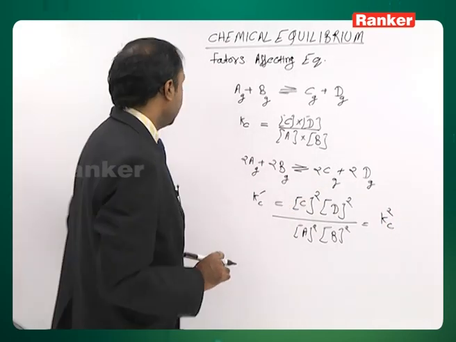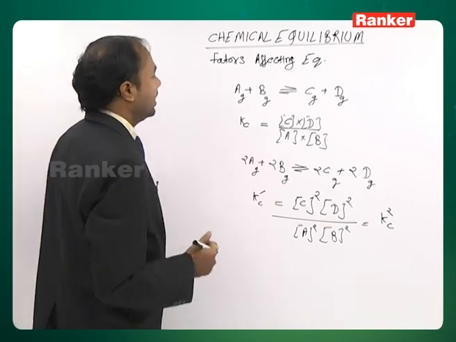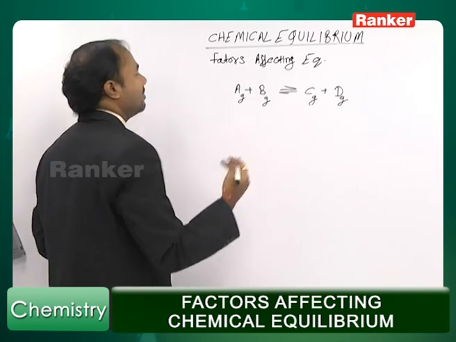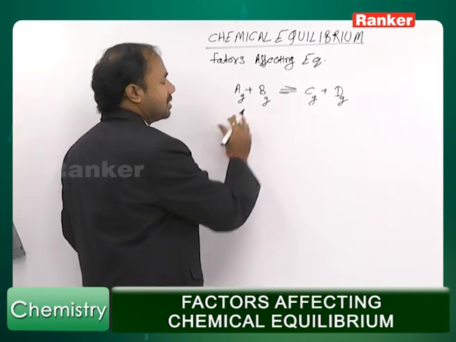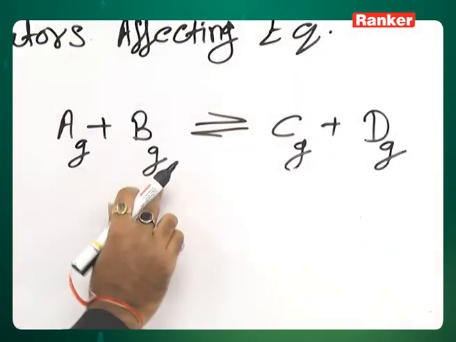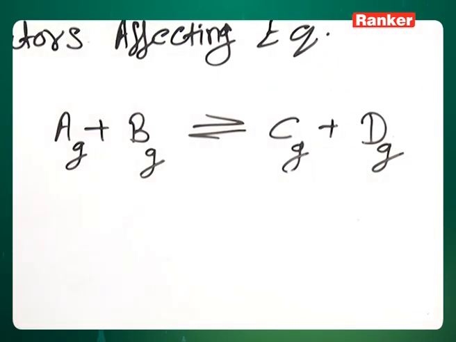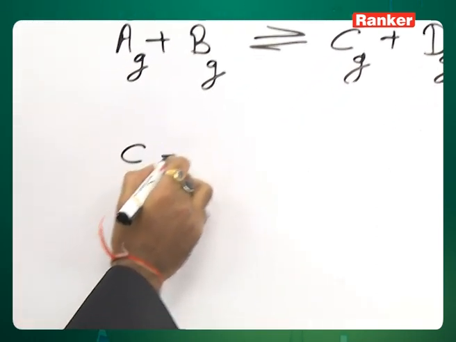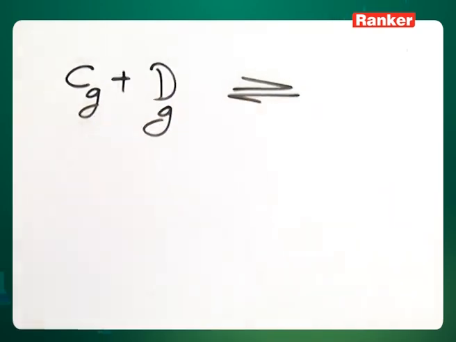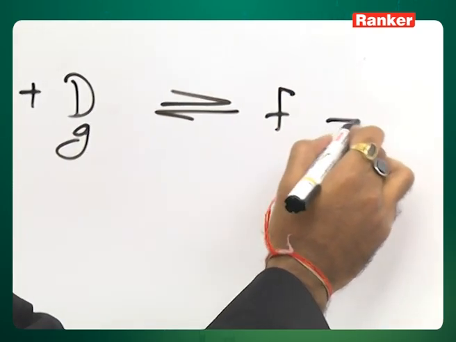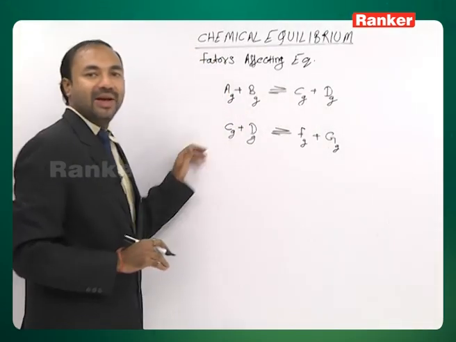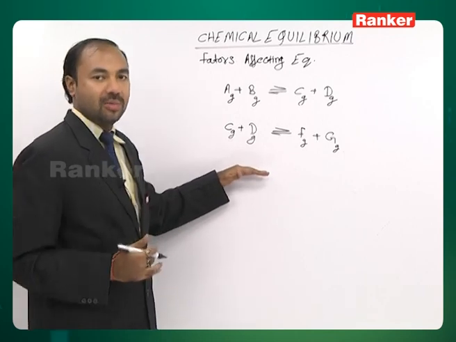Okay. Now, third thing basically here, if we add two equilibria, see that part. Suppose we have two equilibria which we add up to produce a third equilibrium. In this case, one is A plus B in equilibrium with C plus D, the other one we assume is C plus D, these also are gases, in equilibrium with F plus G. We add these two equilibria to produce a third equilibrium.